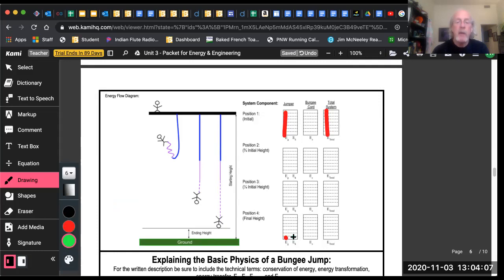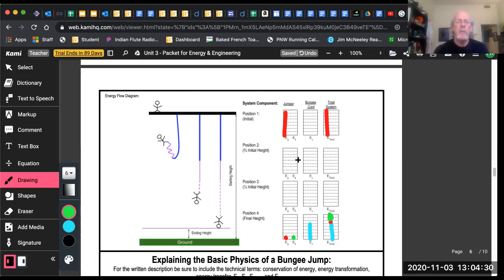There's probably maybe a little bit of kinetic, and then a whole lot of elastic, okay? So when we look at the total, we've got the elastic, we've got a little bit of kinetic, and a little bit of potential. And so the total again equals the total.